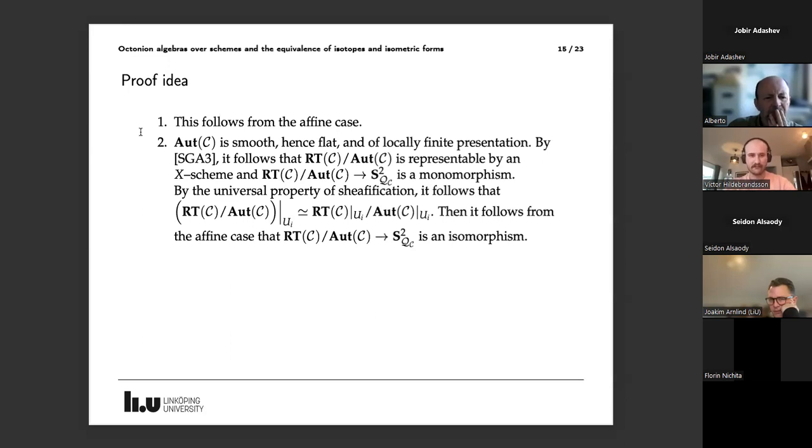And for the second part, we have that this automorphism group is smooth and hence flat, and it is also of locally finite presentation. And then we have a theorem in SGA that this quotient is representable, and that our induced morphism is a monomorphism.